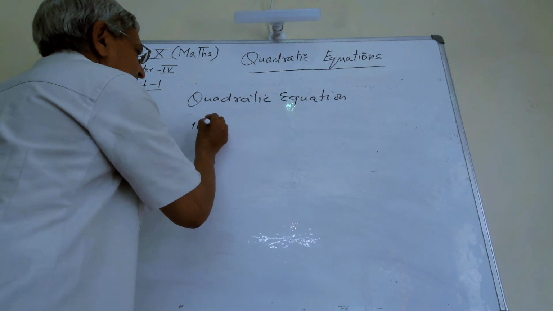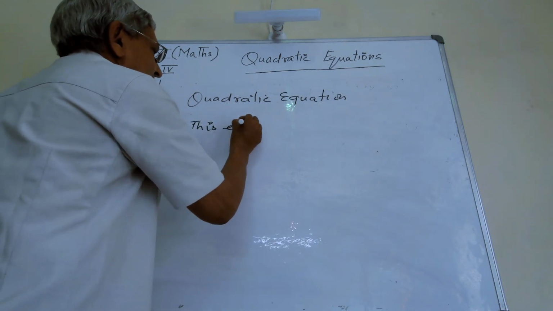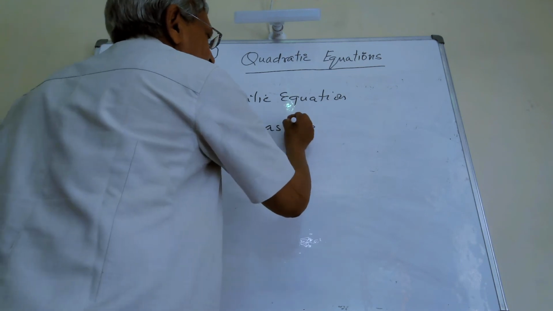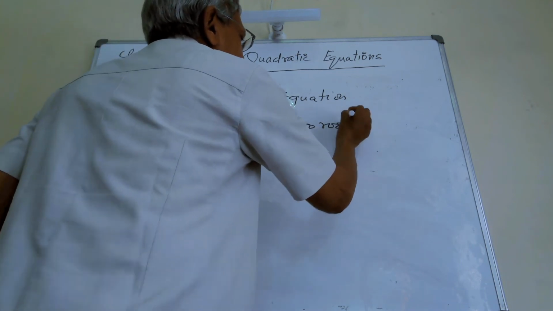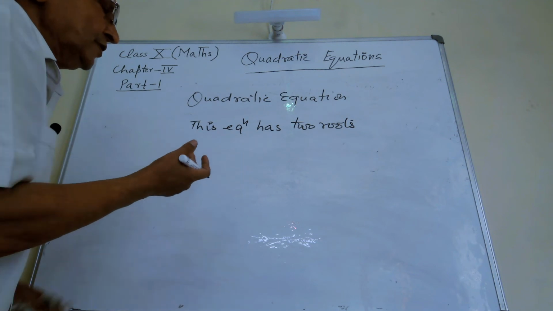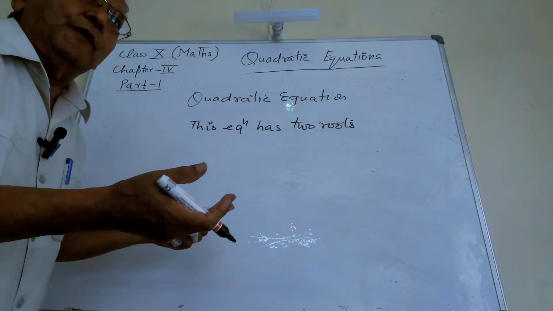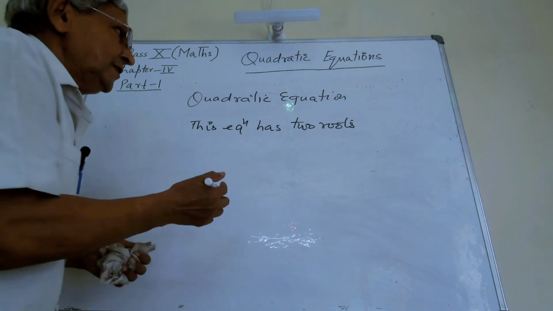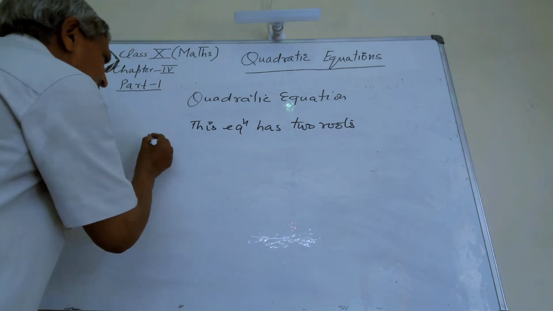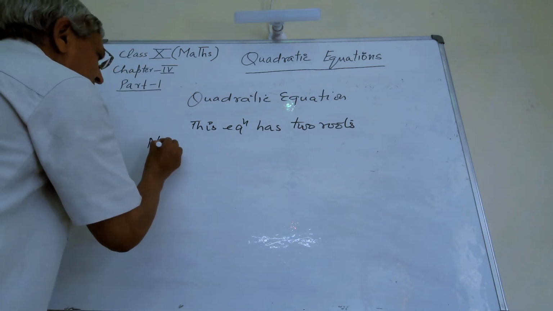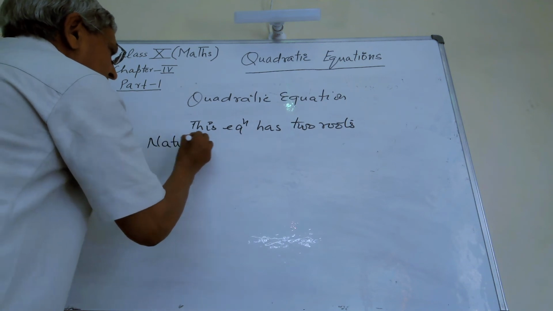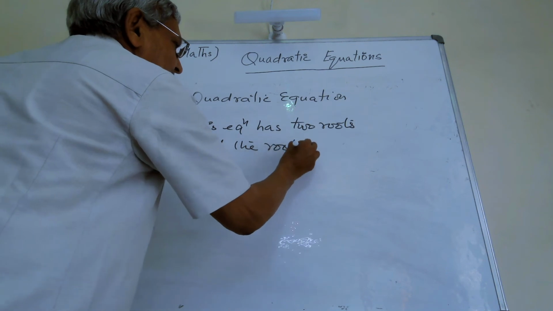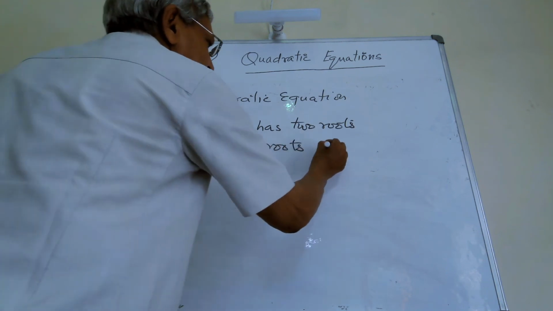This equation has two roots. And what about these two roots? These two roots may be equal, may be unequal, and may be imaginary. Now, the nature of the roots.